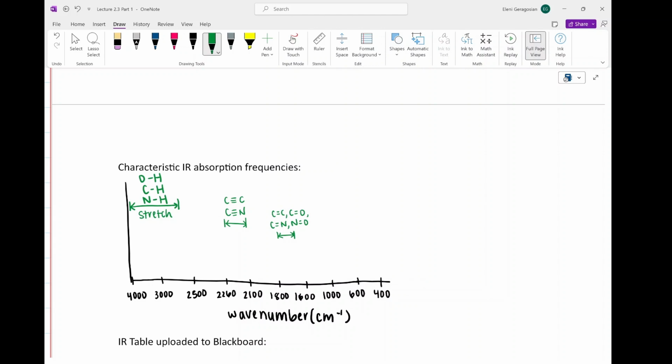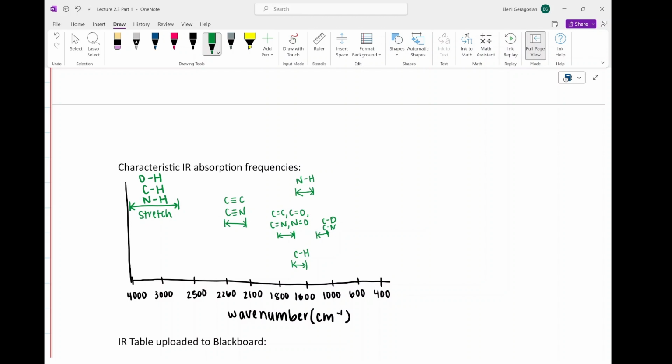Nitrogen to oxygen single bonds are in this overlapping area as well. Carbon to hydrogen bonds are here. So we notice in this area there's a lot of overlapping bonds. And then we'll add one more right here as well. This is carbon to oxygen single bond and carbon to nitrogen.